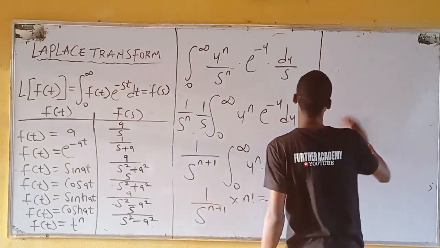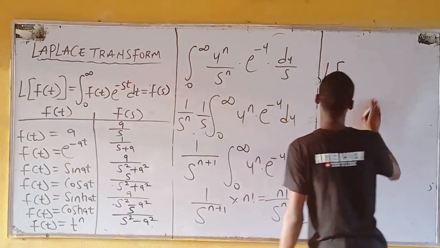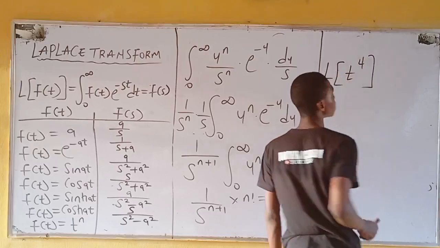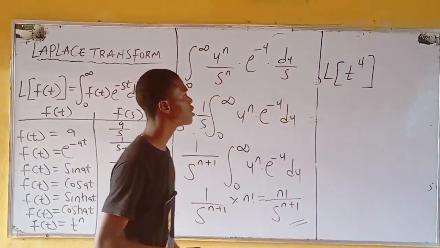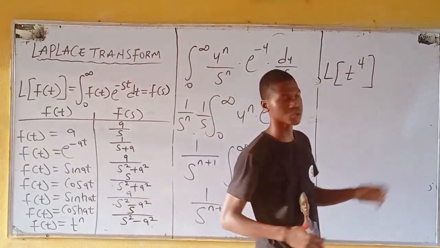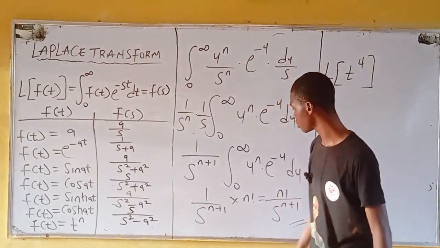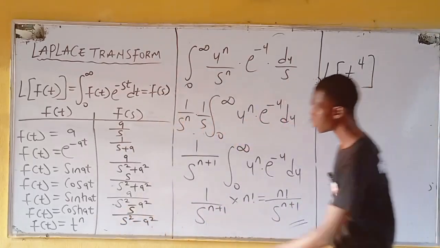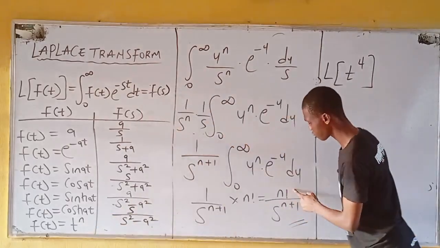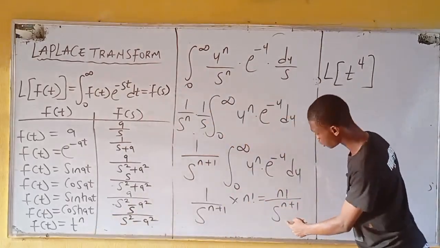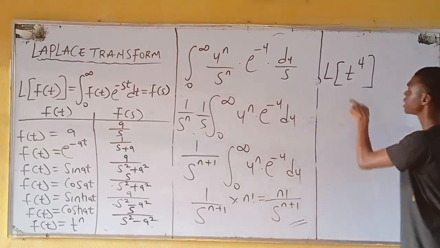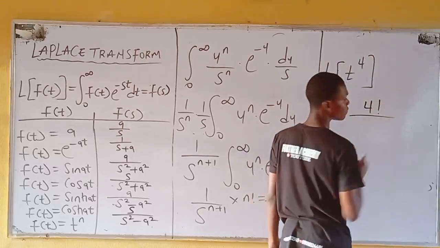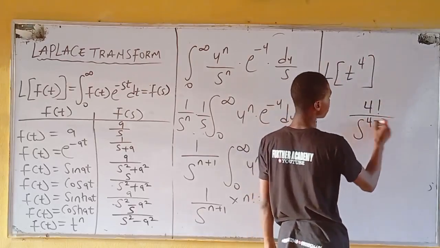Now let's take these examples. Find the Laplace transform of t raised to the power of 4. What's the answer? By comparison with the Laplace transform of t raised to the power of n, which becomes n factorial all divided by x raised to the power of n plus 1, the Laplace transform of t raised to the power of 4 becomes 4 factorial all divided by x raised to the power of 4 plus 1.